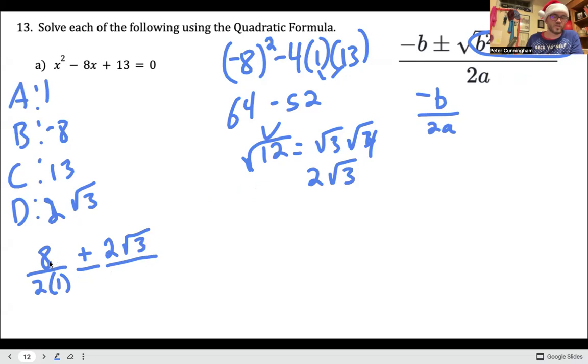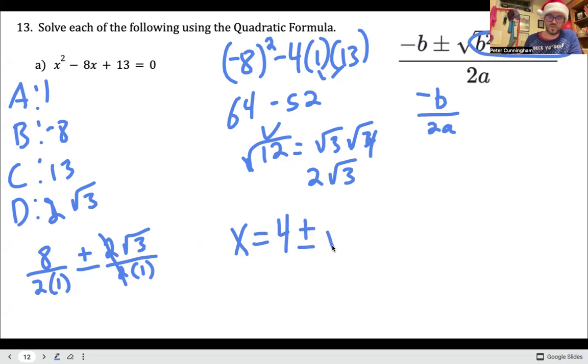So the middle of my parabola is going to be 8 over 2. That's 4, right? And then over here, this is also over 2a, right? So I have 2 root 3s. Well, I can get rid of those right there. I have 8 divided by 2, which is 4. So I end up saying x equals 4 plus and minus root 3 over 1.